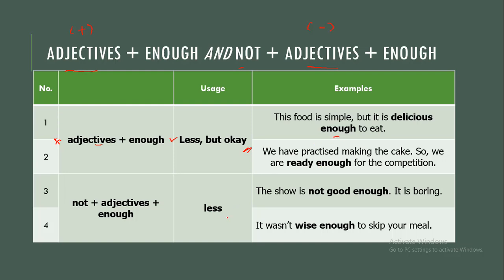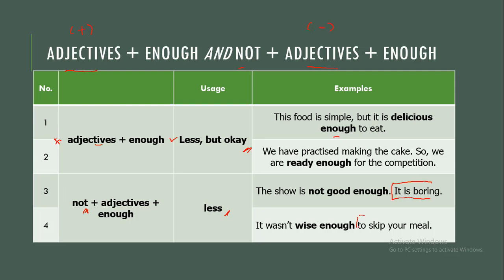And then there is the negative here. The show is not good enough, it is boring, so this is the indication. The extra information will explain the situation, so there is a statement saying the show is not good enough. And after that, it wasn't wise enough to skip your meal.